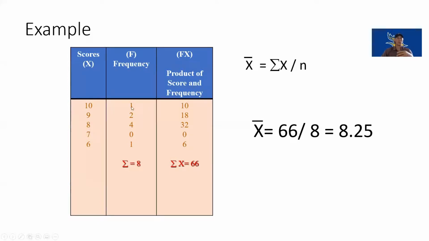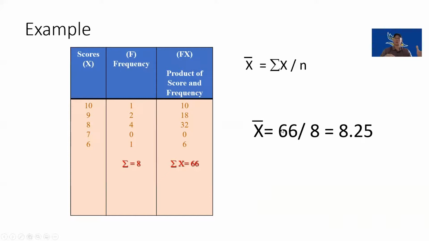So 10 occurs one time, 1 times 10 is 10, 2 times 9 is 18, 4 times 8 is 32. It helps us get to that sum a little quicker. If we go this way, 0 times 7 is 0, 1 times 6 is 6, and we can add those scores together, we get 66.